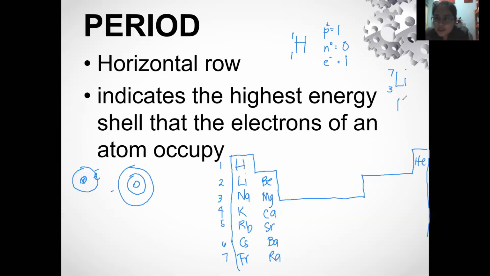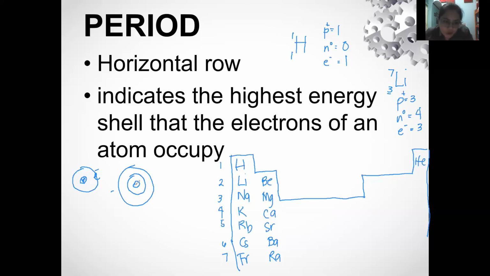Which means, meron siyang tatlong proton, meron siyang 7 minus 3, meron siyang 4 na neutrons, and then meron siyang electron na 3 din. Kasi walang charge. So, parehas sila ni proton.